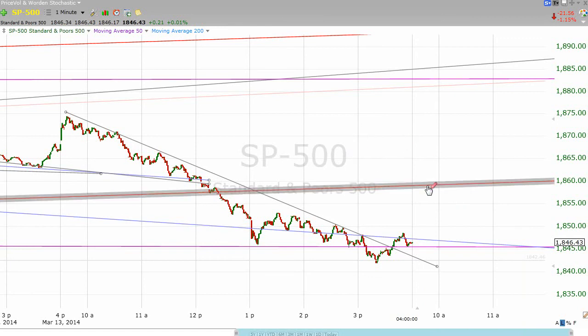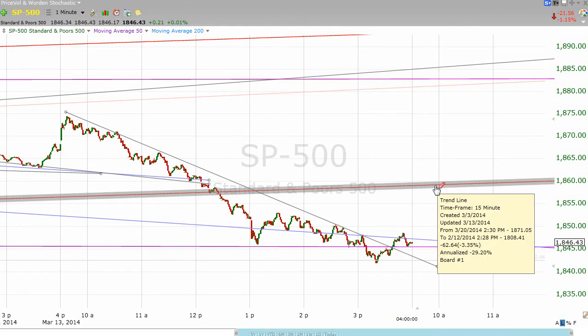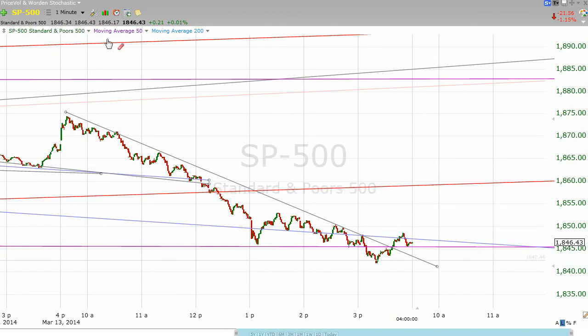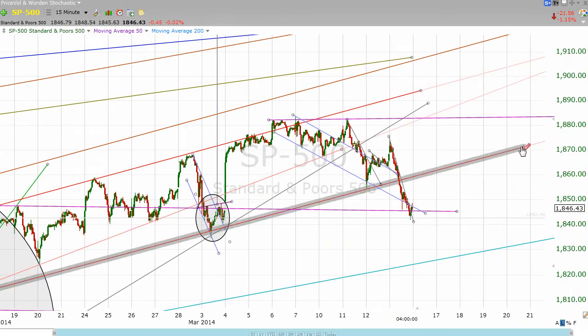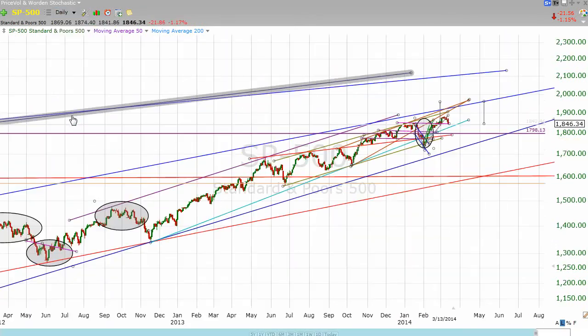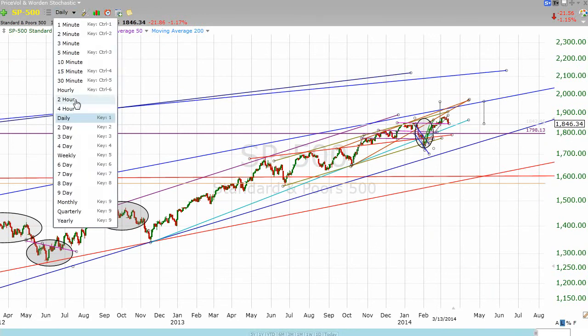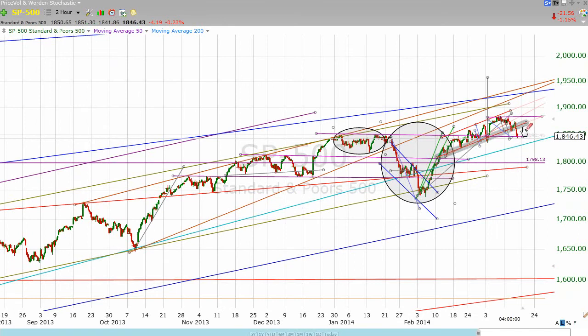I think the damage that happened today is this line has now in all likelihood been flipped over to resistance, and with that being the case, we still have room to move up, because this line is going up. So even if we never get over this line again, ever, you can see that... where did that line go? Let me go to a 2-hour chart. Okay, there's that line right there.